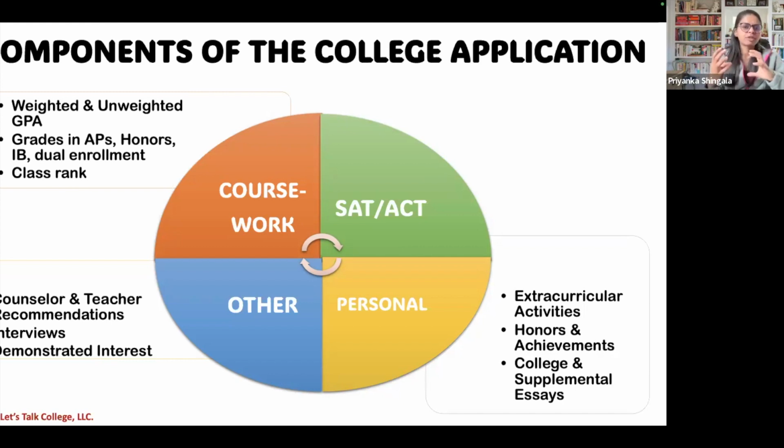Because if I have 3,000 seats and I accept, let's say, 6,000 students, but most of them end up going somewhere else, and I'm down to, let's say, 2,999, so I have one seat left open, that's still thousands of dollars I'm losing from that open seat. So I don't want that to happen.